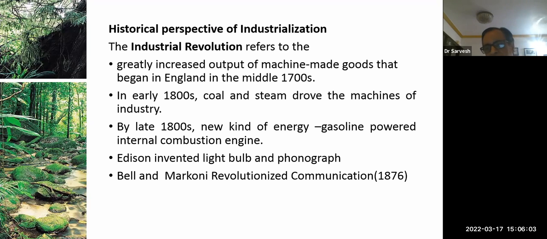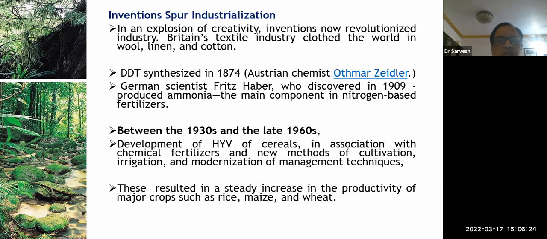Then a new form of energy, gasoline, arrived, and internal combustion engines were operating. Edison and Marconi made several inventions, such as bulbs and the phonograph, and Marconi revolutionized communication across the globe.